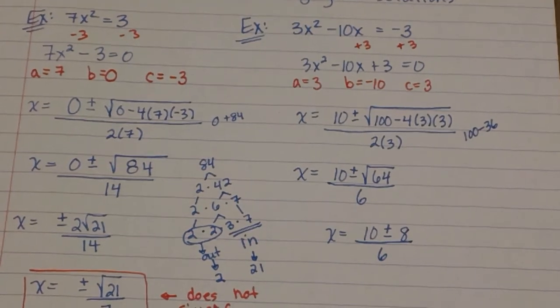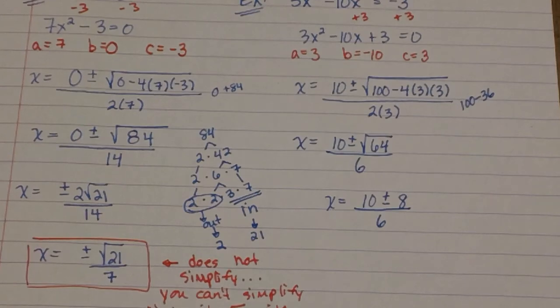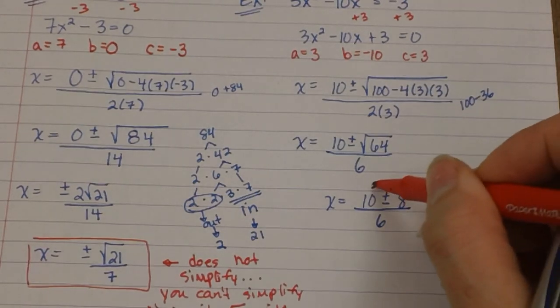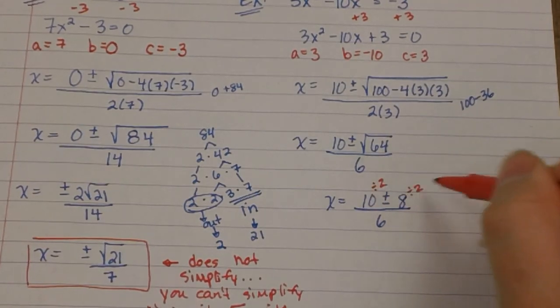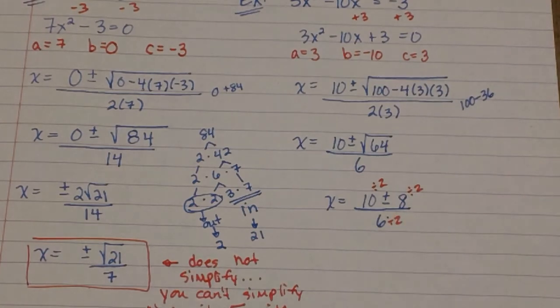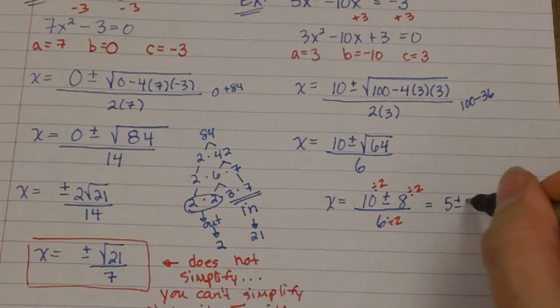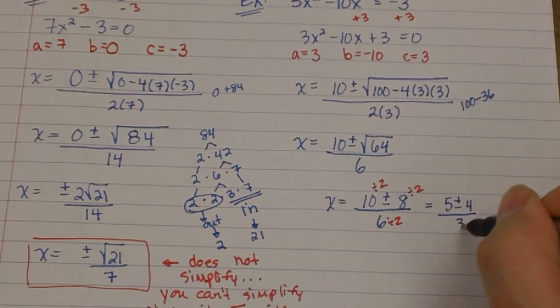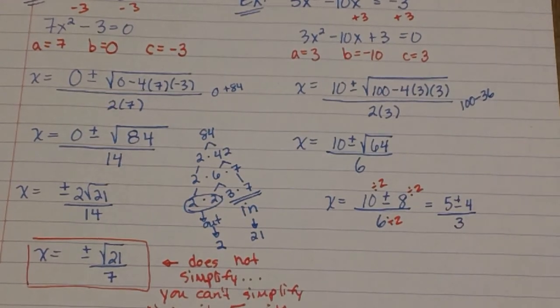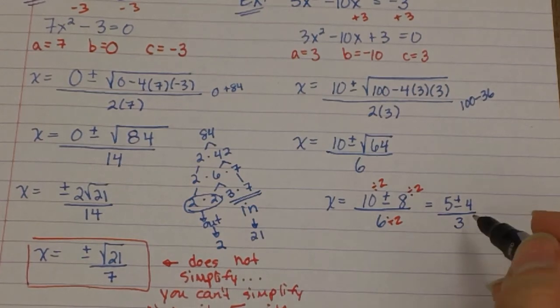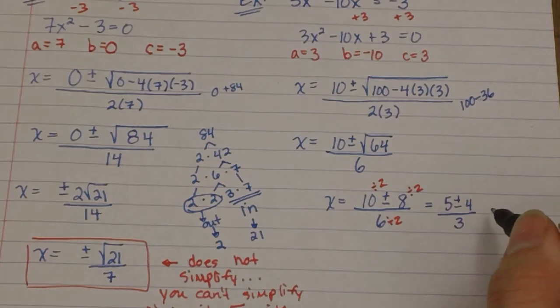Now at this point we can go ahead and simplify each of those numbers because 10, 8, and 6 are all even. So I could rewrite this as 5 plus or minus 4 all over 3. That will make the next step a little bit shorter. The next step is going to be to break this into the two different problems.